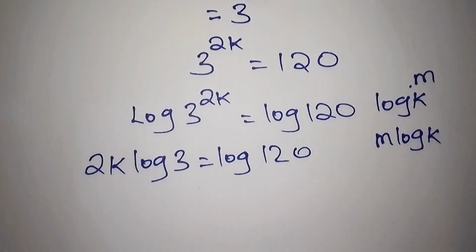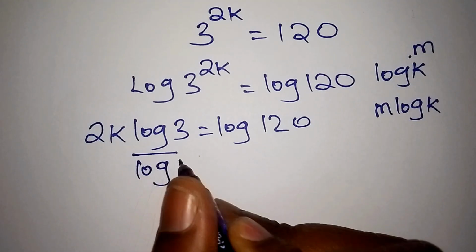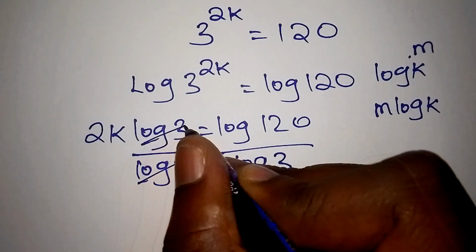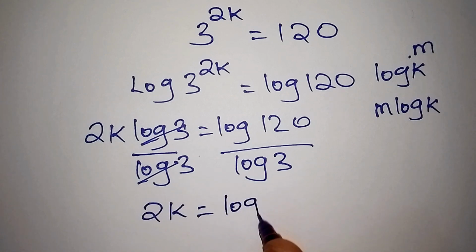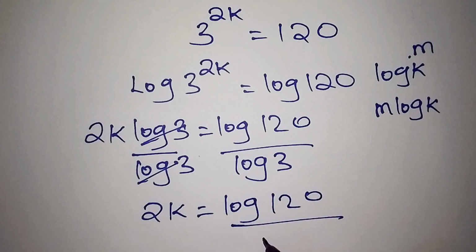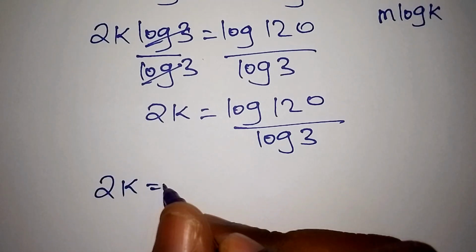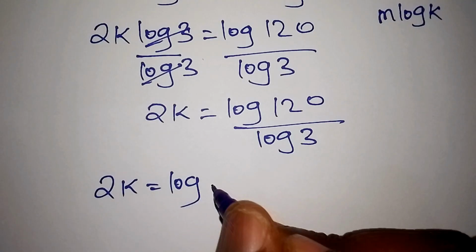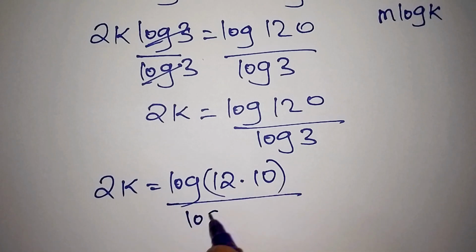From here, for us to remain with 2k, we divide both sides by the log of 3. Then the log 3 and log 3 cancel. So we remain with 2k equals the log of 120 all over the log of 3. Let's simplify by saying log 120 can be written as the log of 12 multiplied by 10, all over the log of 3.